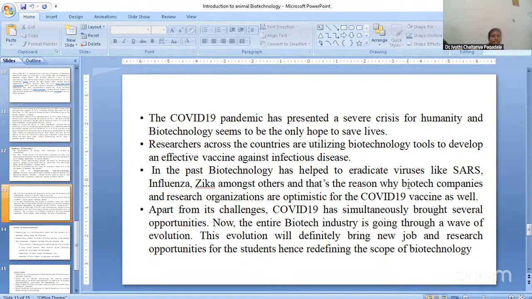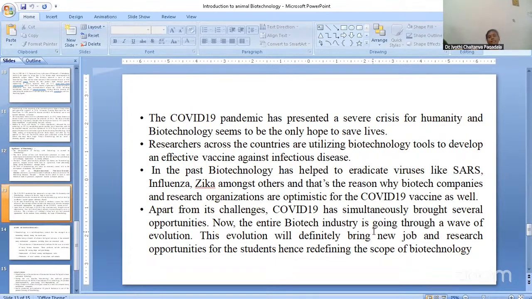As we already discussed, in the past, biotechnology helped eradicate viruses like SARS, influenza, and Zika, and that is the reason why biotechnology companies and research organizations are optimistic about a COVID-19 vaccine as well.